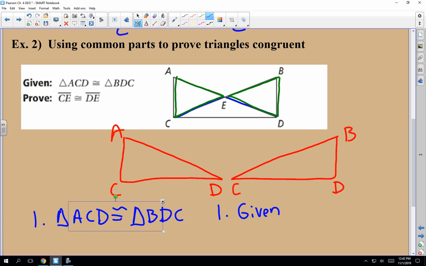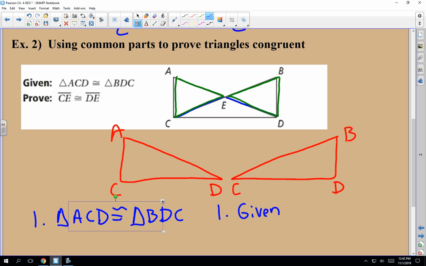So if I want to prove that the two green triangles in my picture are congruent, are there any sides or angles that the green triangles share entirely with the red triangles? In other words, I've been told that these two triangles are congruent. So I can mark any of the sides or angles of this triangle congruent to any of the sides or angles in this one.